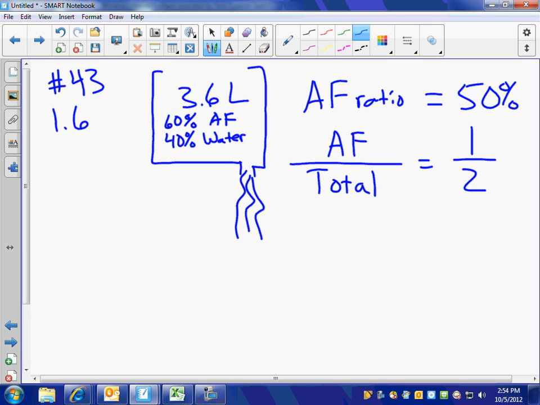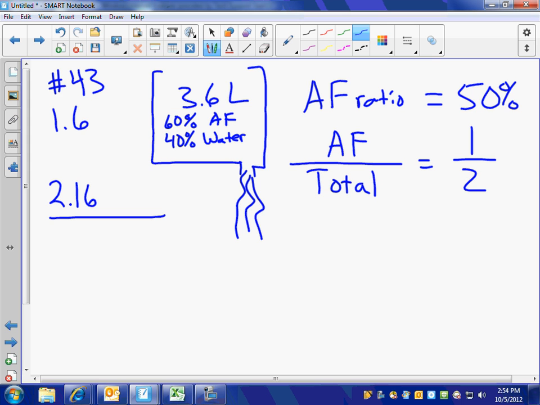Would you agree? All right. So we need to come up with how much antifreeze is in there at any given time. How much antifreeze is currently in there before I even pull out the plug? 60% of 3.6. So 2.16 liters is currently in there.